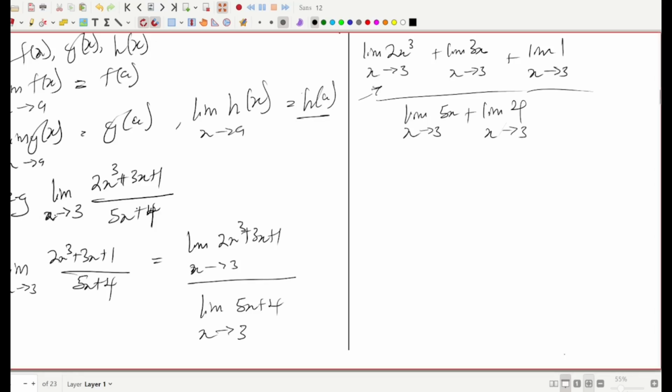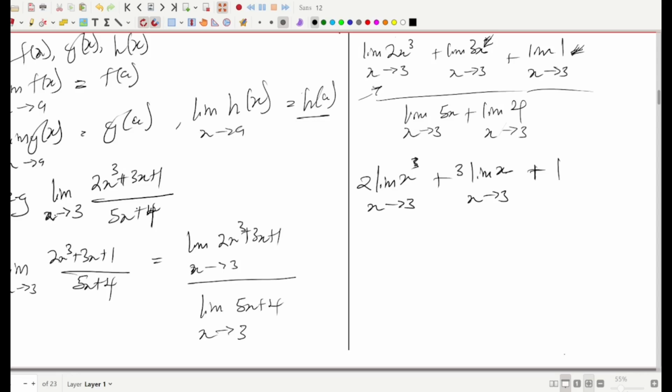For the first expression, since we have 2 in the limit expression, 2 is a constant and 2 can move inside and out of the limit expression. So you can write that as 2 multiplying the limit of x cubed as x approaches 3 plus, the same applies to the next term, right? We have 3 as a constant, can move out the limit expression as x approaches 3 plus the limit of a constant is always a constant itself.